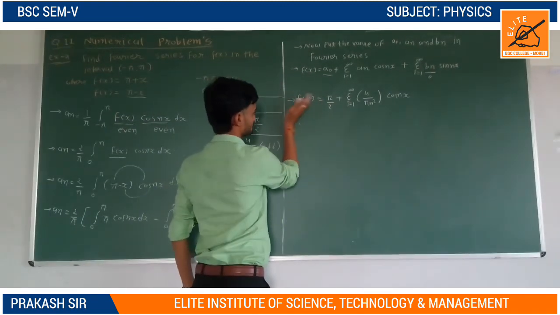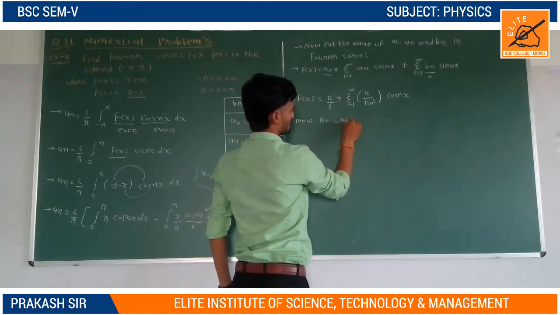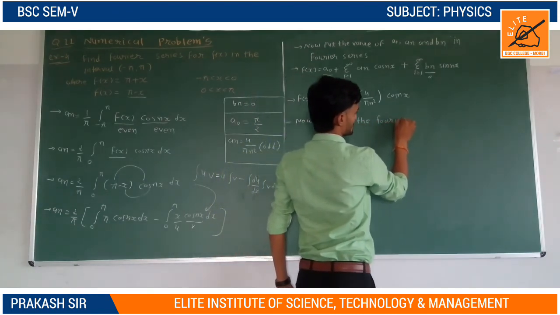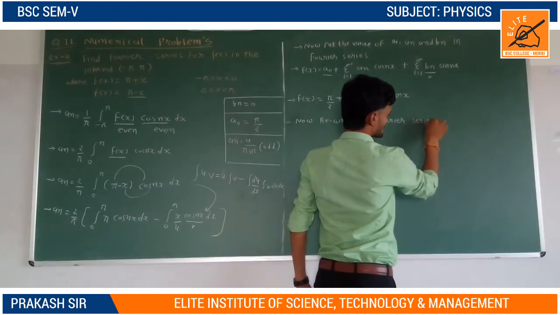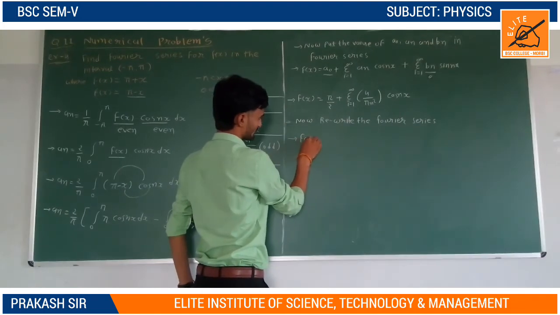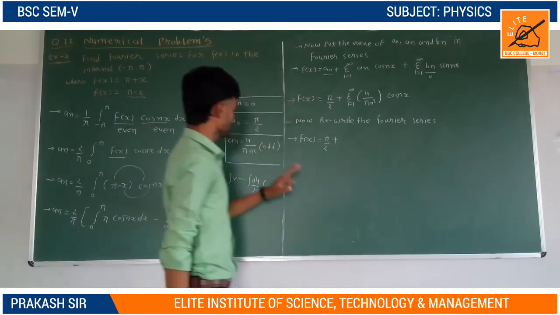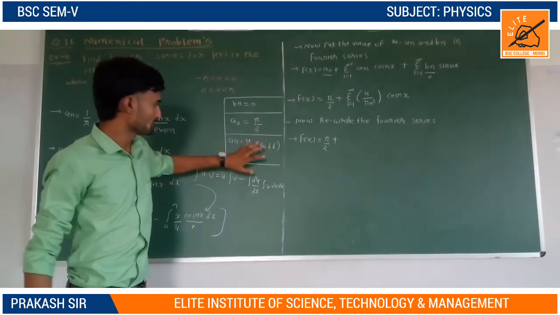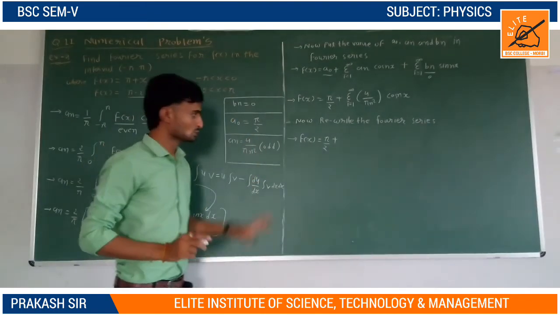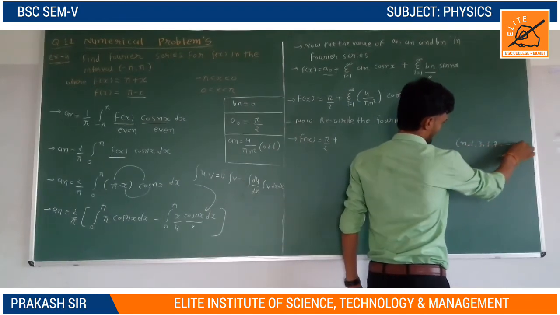So f of x. Now rewrite the Fourier series. So f of x is pi by 2 plus, here only odd n gives the value 4 upon pi n square, and for even n all values are 0. So only n equal to 1, 3, 5, 7 up to infinity.